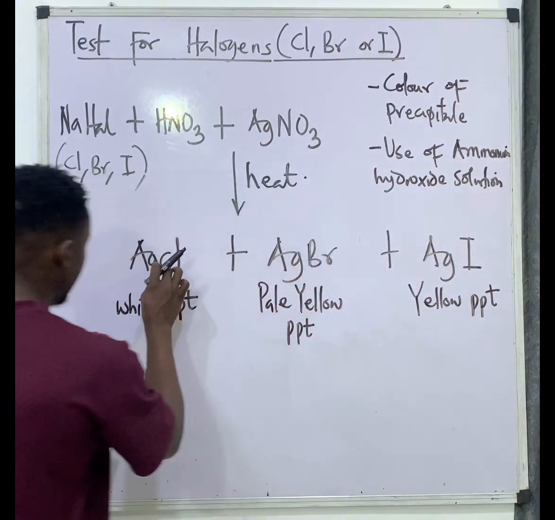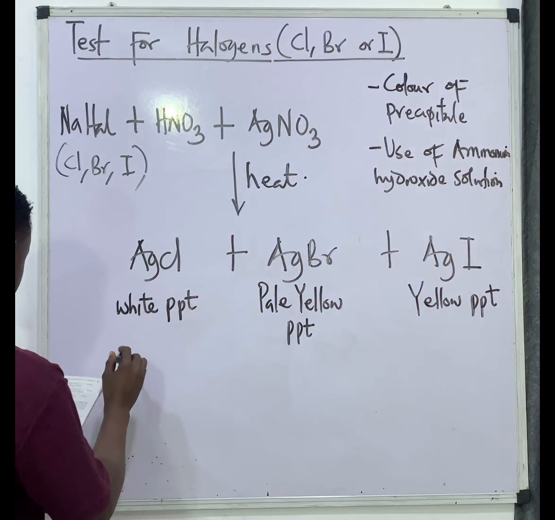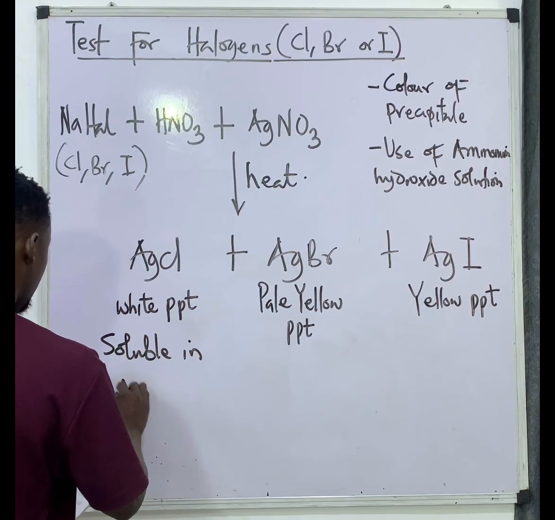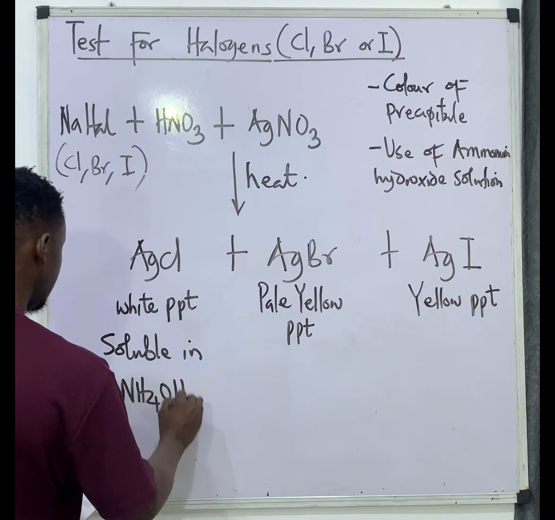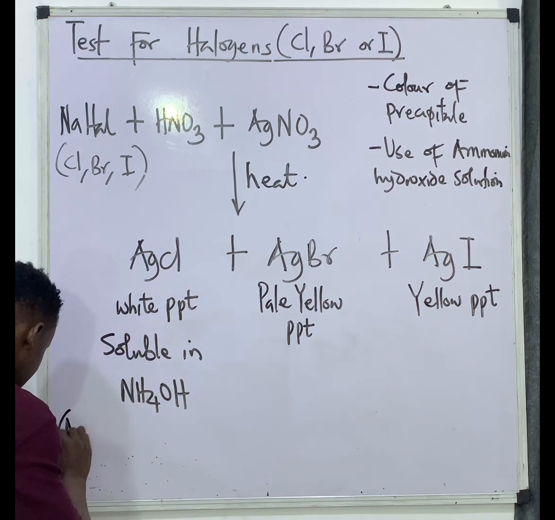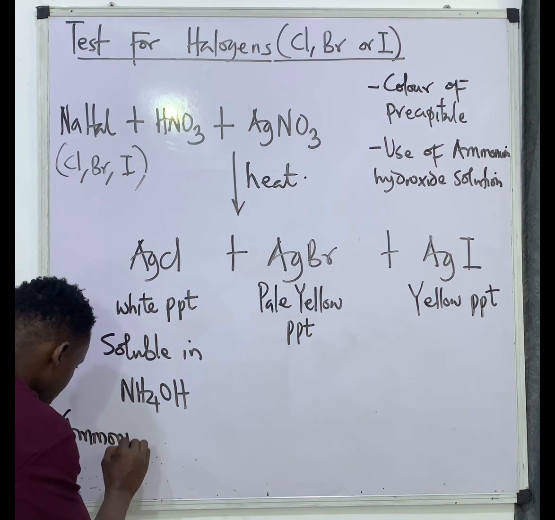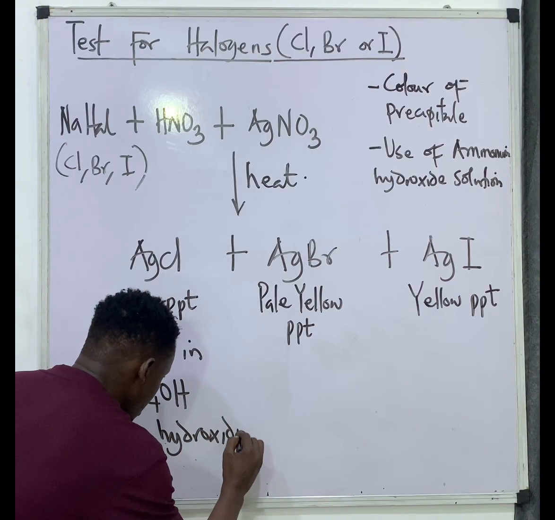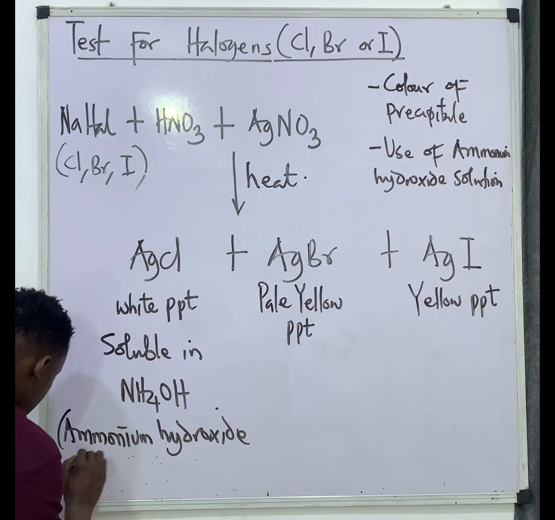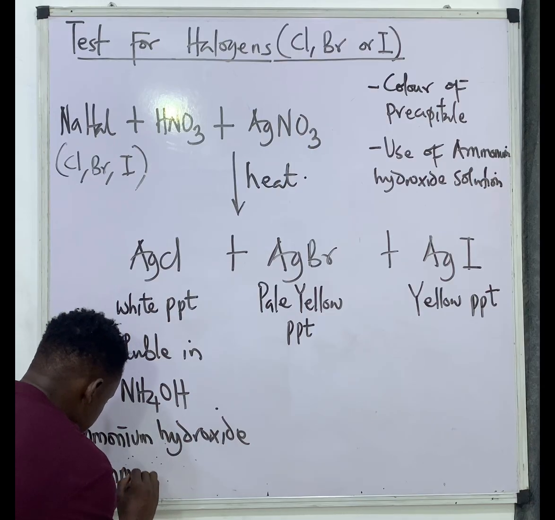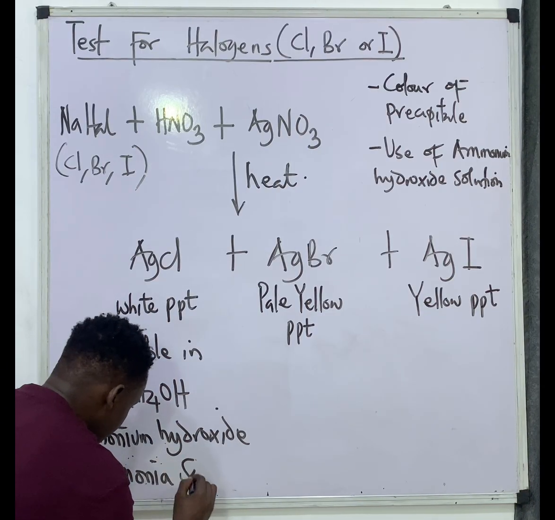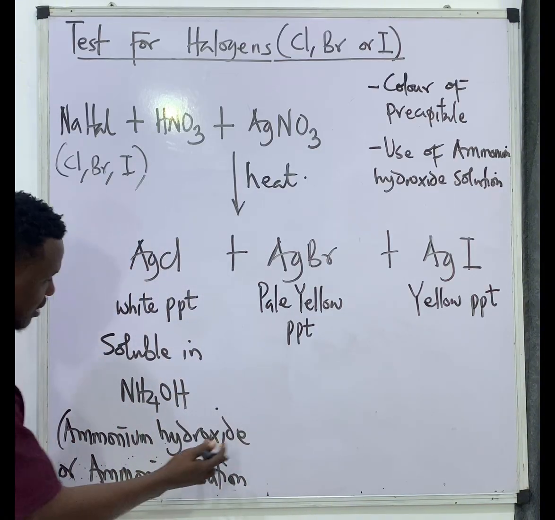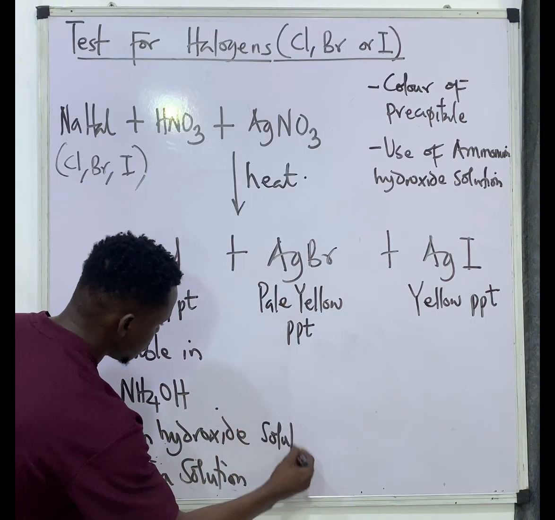Class, this guy, silver chloride, is soluble in ammonium hydroxide. Please, this is ammonium hydroxide, or ammonia solution.